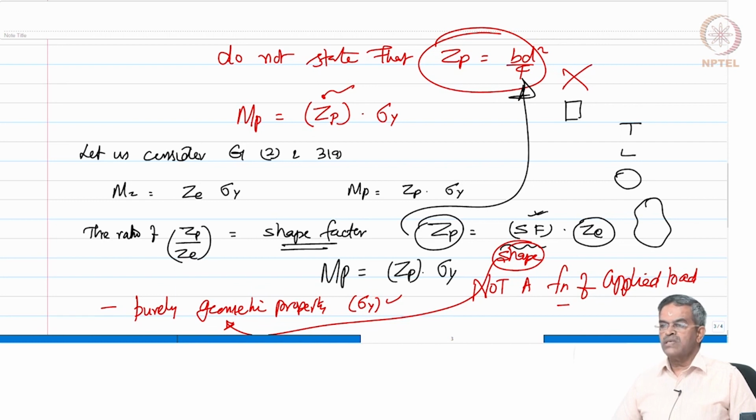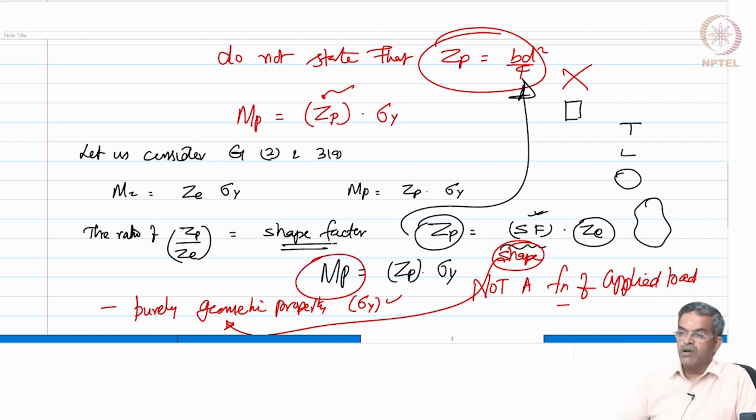So, for different cross sections, if I am able to find the shape factor, derive them, or if it is available in steel tables or standard handbooks, I can easily find the moment capacity, because we all know in structural steel handbooks the second moment of area of the cross section and depth of the section are given. Therefore, Ze section modulus is available in the steel tables, is it not?